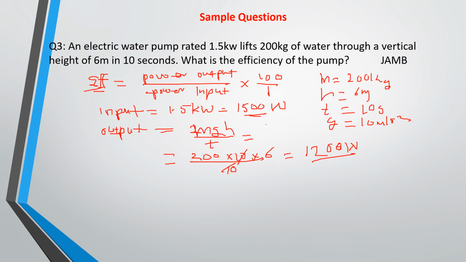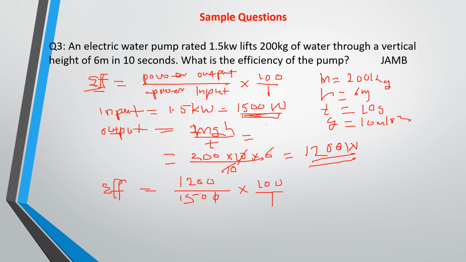So now we have gotten the power output, and then this is the power input. So we can now solve the efficiency. Efficiency is equal to output, which is 1200, over input, which is equal to 1500, multiplied by 100 over 1.